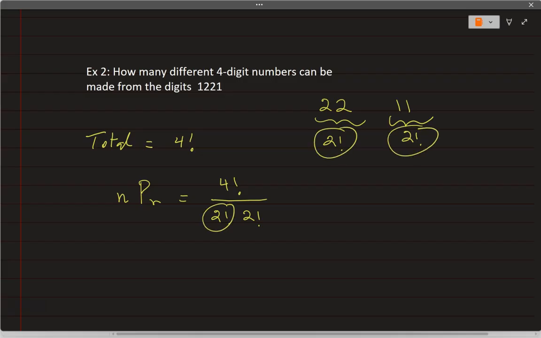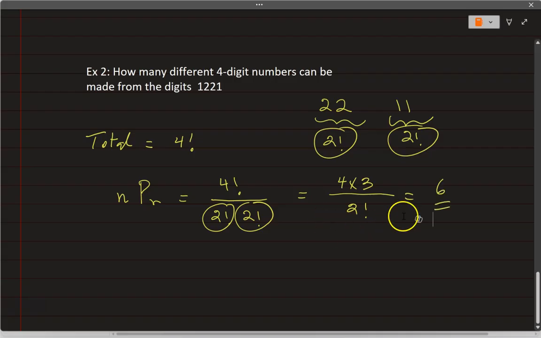These are the two repeated objects, or in this case numbers, that have been double counted and that you have to take out. So you end up with 4 times 3 divided by 2, which is 6. That's the total number of ways a four-digit number can be made out of the digits 1, 2, 2, 1.